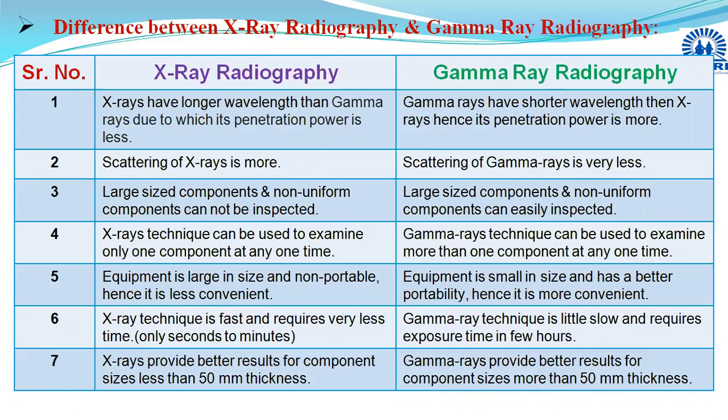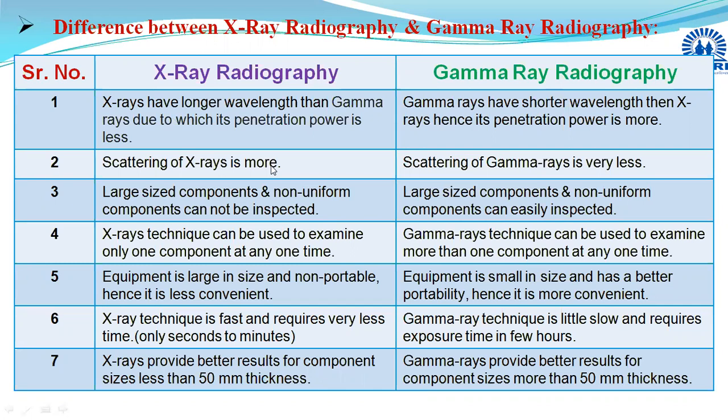The first few points you have to explain are related to the wavelength and penetration power. X-rays have a longer wavelength as compared to gamma rays. As the wavelength is longer, the penetration power is low as compared to gamma rays. Gamma rays have a shorter wavelength and their penetration power is more.